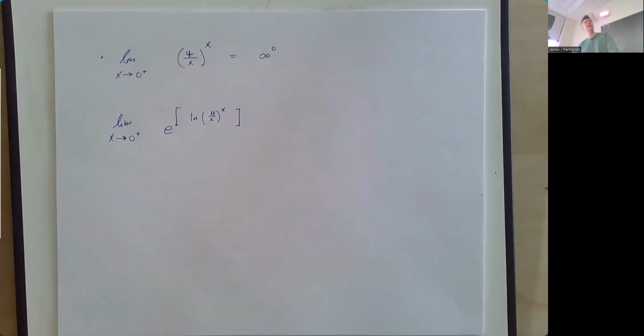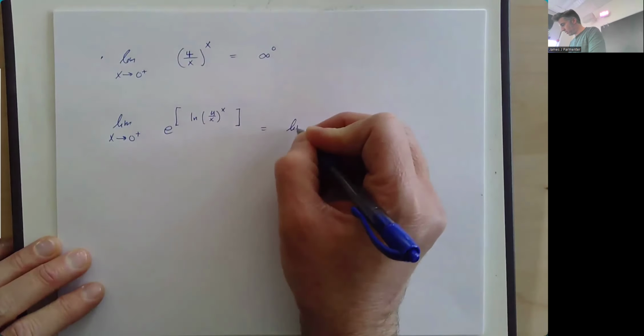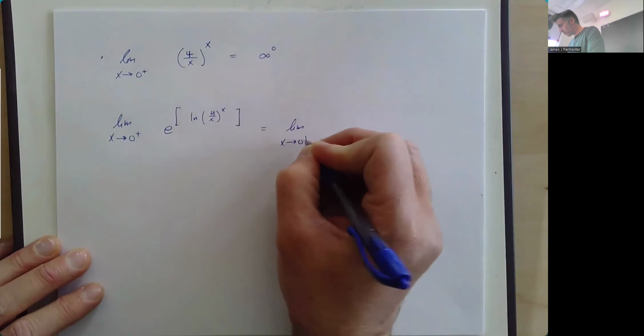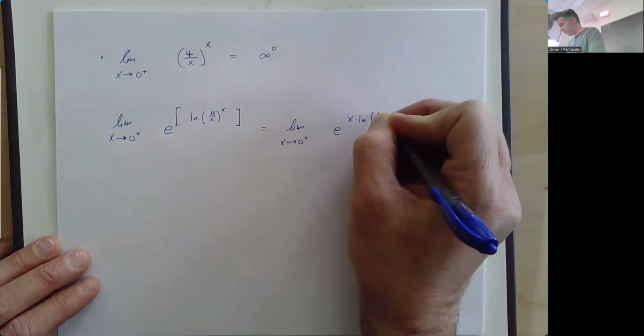You should have e to the natural log of the original expression, 4 over x to the x. And then we're going to bring the x down. That's the whole reason we did it. It's going to be e to the x times the natural log of 4 over x.